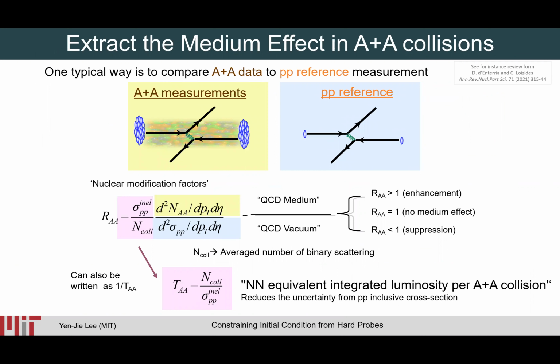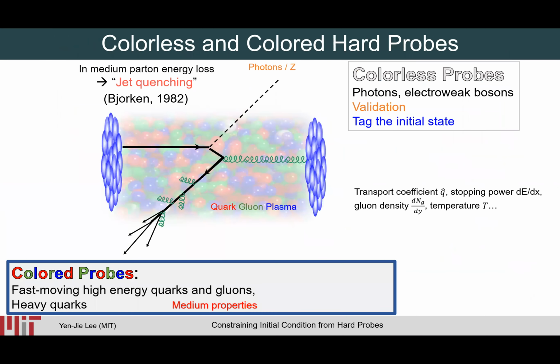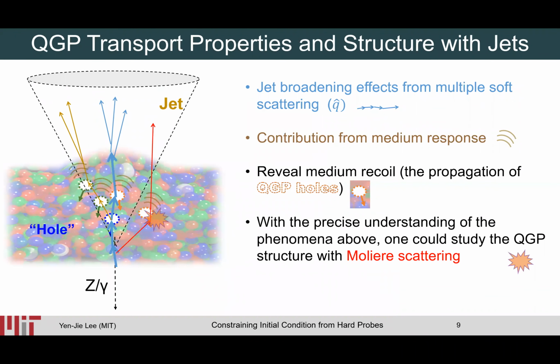So therefore, of course, you have more jets initially, but because of this binary scaling, what we are doing is that if we normalize to a nucleon-nucleon scattering level, then the jet is relatively more suppressed in the collision. I hope that clarified the question.